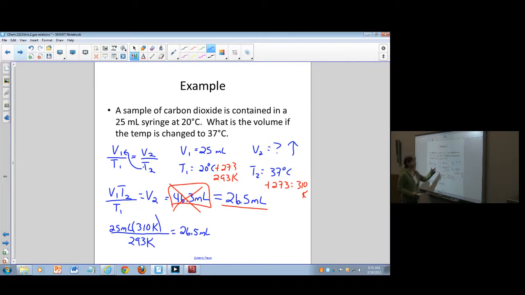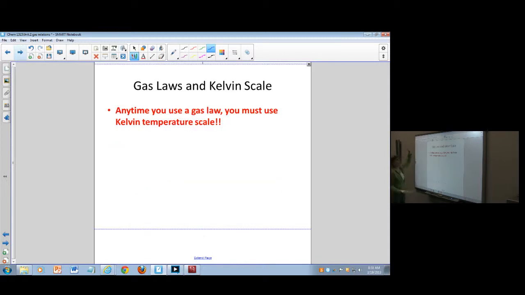Now I'm still happy. I've got a higher volume than I once had, and my experiment and my values work out. And why? I don't care what you're doing in gas laws. Anytime you're thinking about temperature, you better change it to Kelvin.